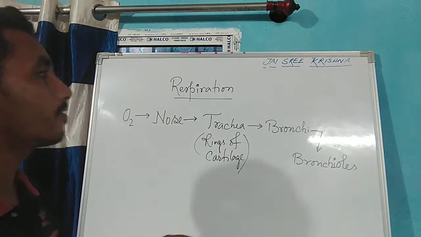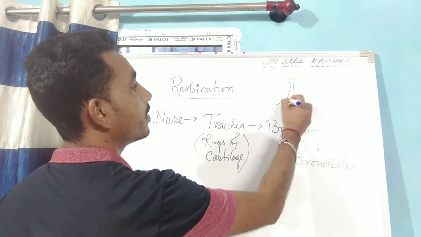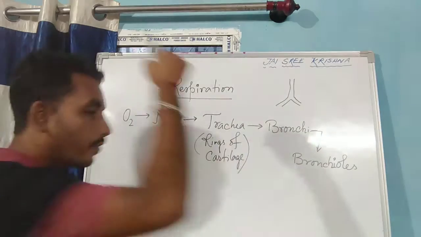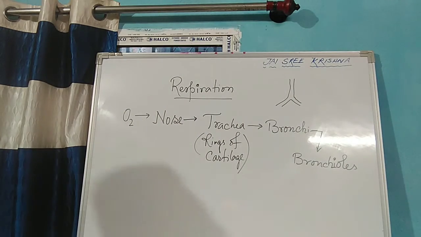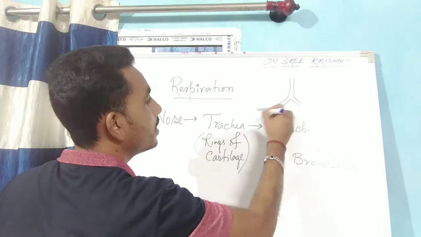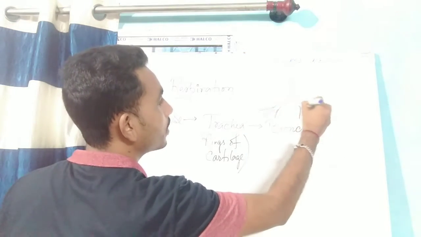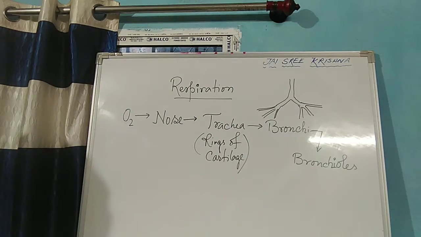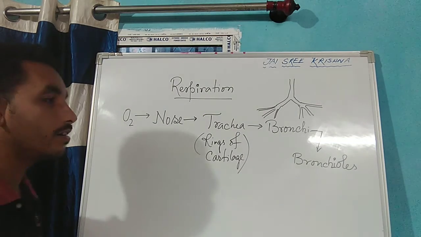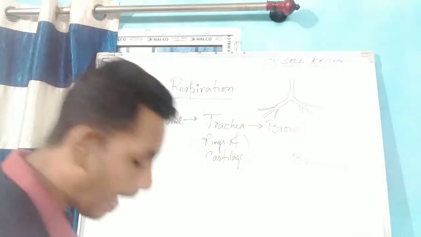The trachea gets divided into two bronchi, through which the oxygen is passing to our lungs, and these get divided into further divisions, that is bronchioles, pipe-like structures. At the end of the bronchioles there are balloon-like or sac-like structures called alveoli.